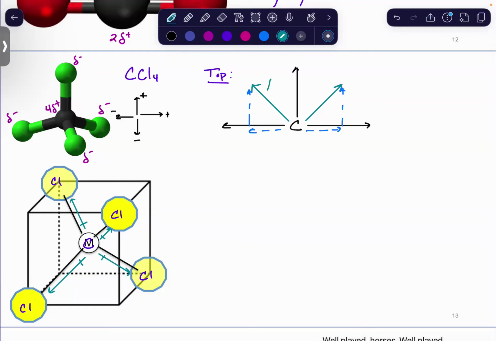We'll call this one 1, 2. So here is mu1 vertical, mu1 horizontal. There's horizontal 2, and there's vertical 2.